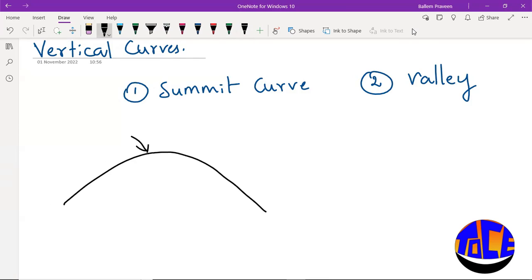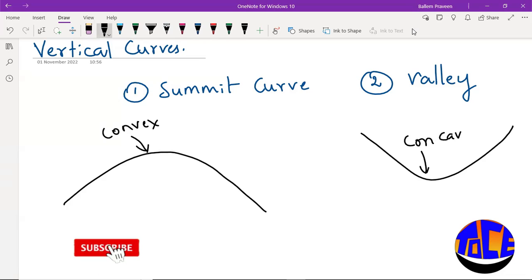In valley curves, you will have concave on top. So this is the basic shape of summit curve and valley curve.